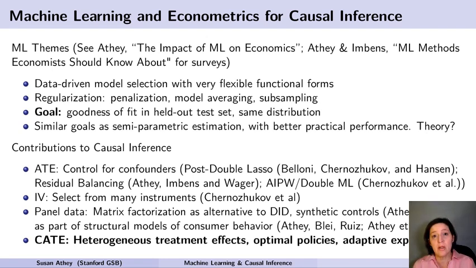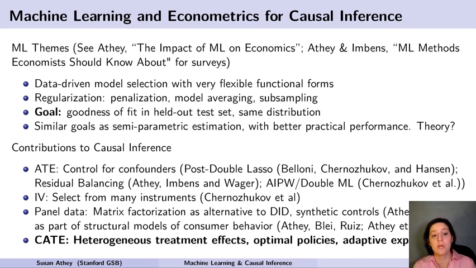So we've actually seen quite a few successes so far, and we have multiple literatures that have really blossomed in this area. We've seen contributions to estimating average treatment effects, and other lectures in this series have covered that. We've seen contributions to instrumental variables, for example, trying to use machine learning to select among many possible instruments.